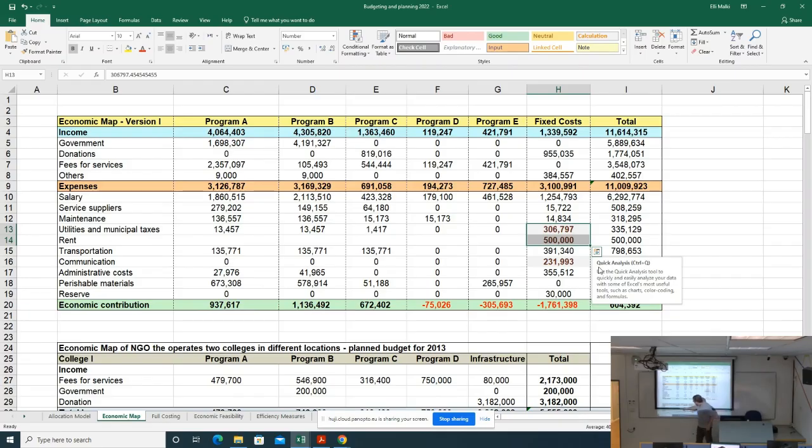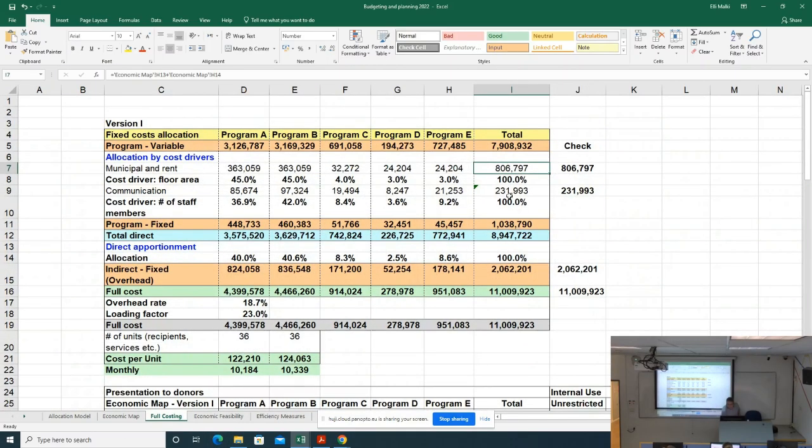I don't know if you can see, but the number 806 appears here somewhere. You can add it: this plus this is exactly 806 and 797. And communication, which is 231,993, is here. Okay? And I want to allocate this part by this cost driver and this part by this cost driver.